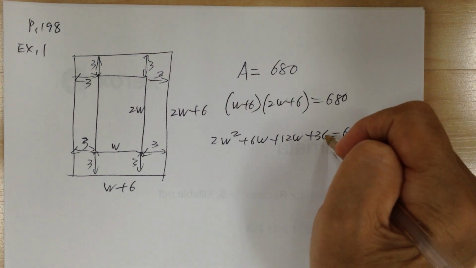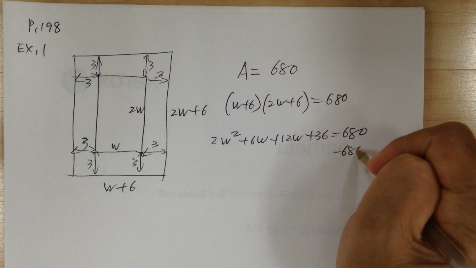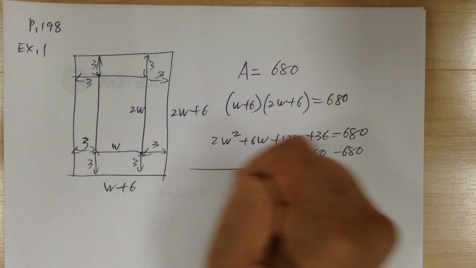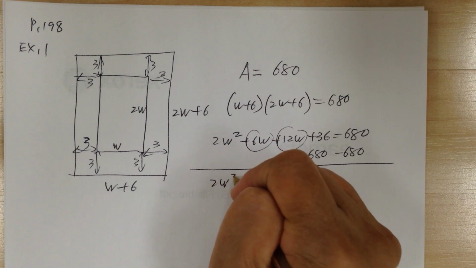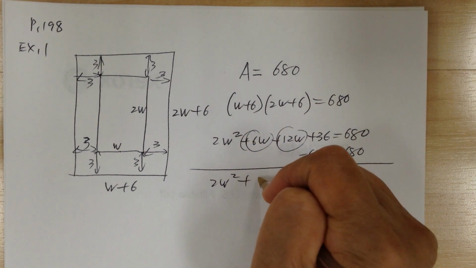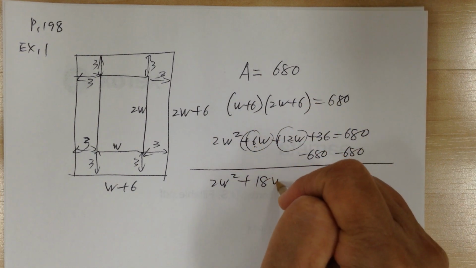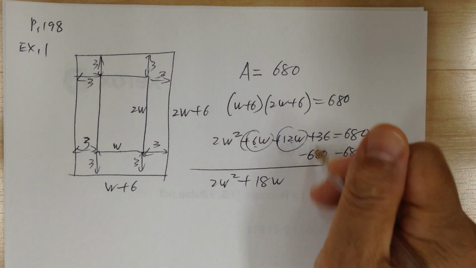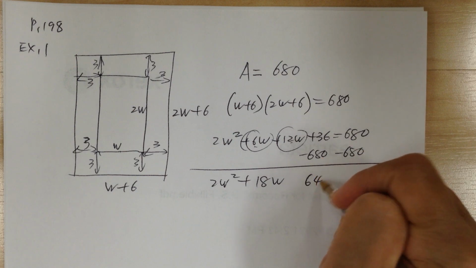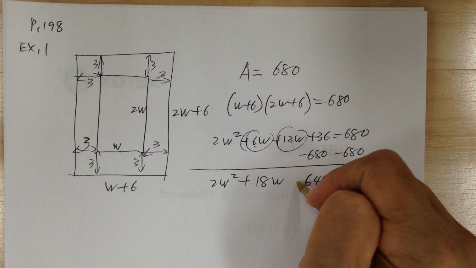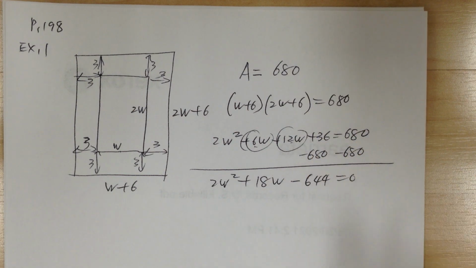Next we make this equal to 0, so minus 680. I'm going to combine like terms. You get 2W squared plus, same sign you add, so 18W. Opposite signs you subtract, so this minus will be 644, taking the sign of the higher number.